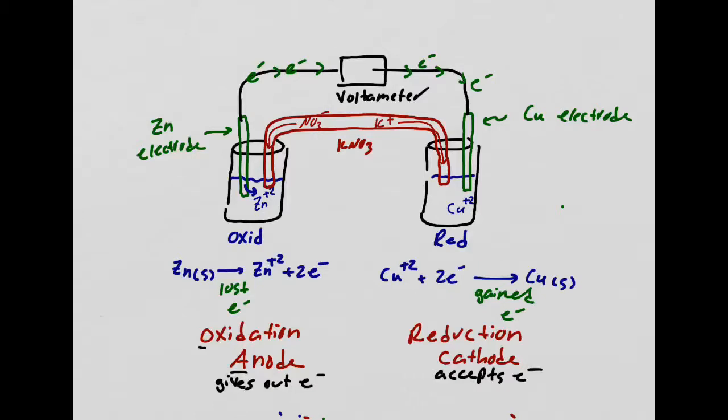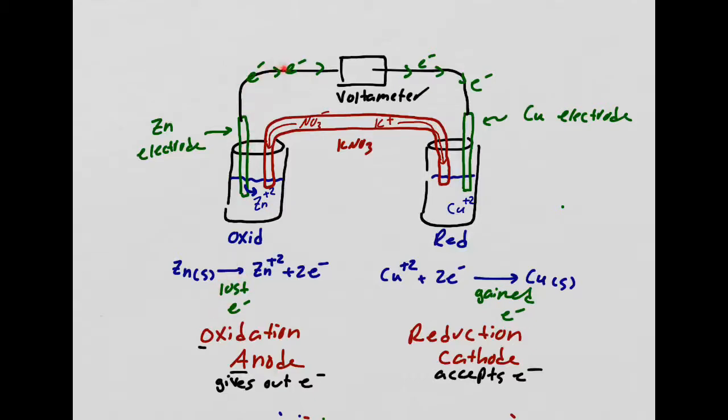Because here I have zinc metal. Zinc metal is going to lose electrons and become zinc plus 2. So it's going to become an ion and jump into the solution. Ions are dissolved in water, right? So it's going to be solid, lose electrons, and jump into the solution. When that happens, it's going to lose 2 electrons.